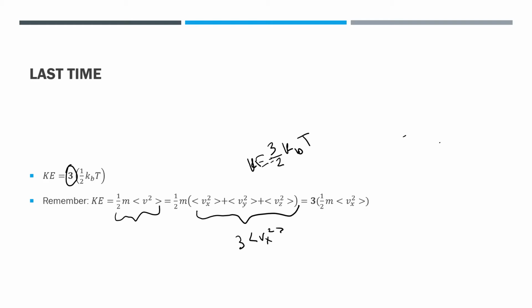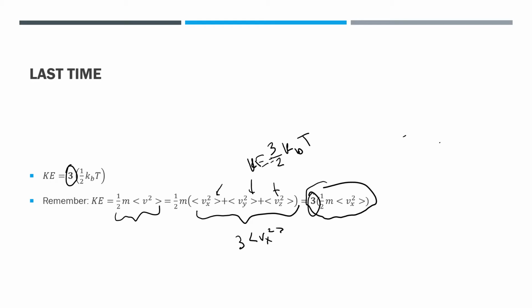But here again, you can see that we have that 3 coming into play, and so this is where we actually got the 3, because we had this x, this y, and this z direction that basically contributed the same thing to the kinetic energy, right?